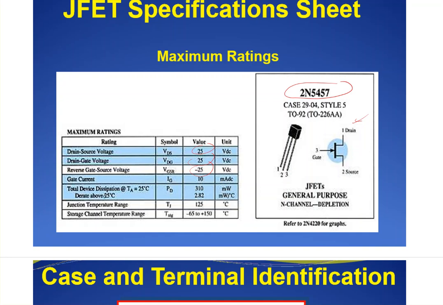Then you can see the total device dissipation at 25 degrees centigrade is 310 milliwatts, but it will be derated if you change the temperature. Any value above 25, it will derate by 2.82 milliwatts for each degree centigrade.